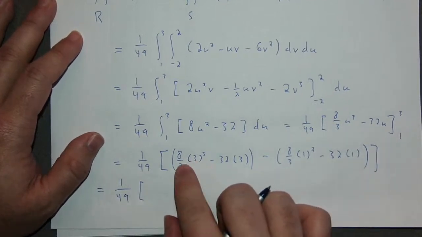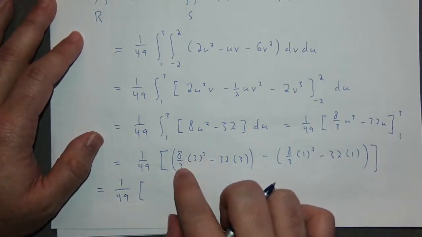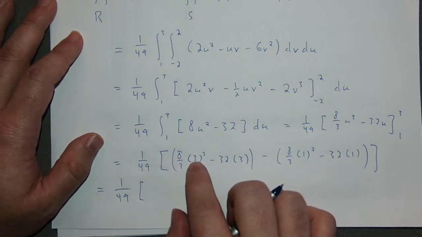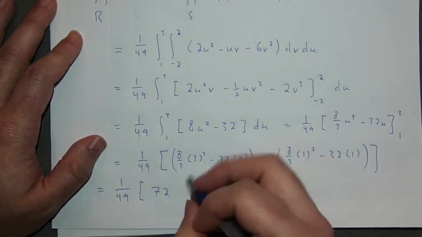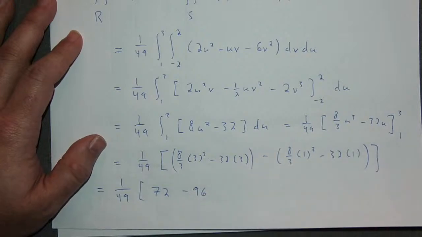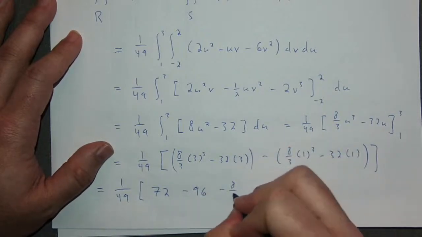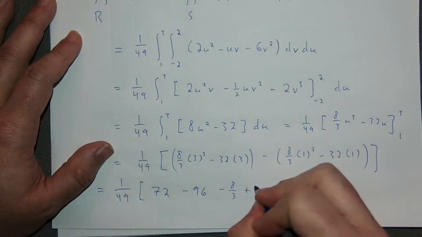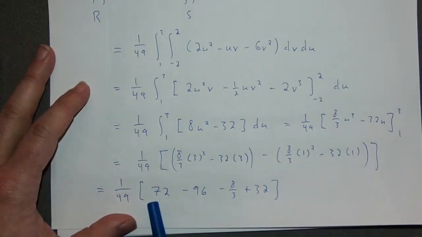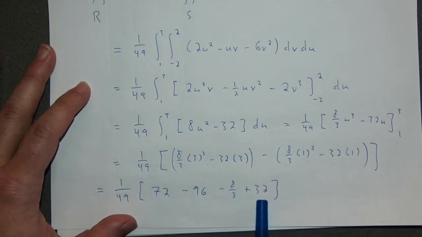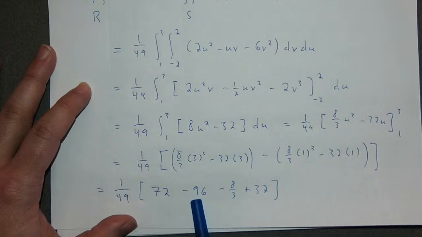So 3 cubed divided by 3 is 3 squared, so this is 8 times 3 squared. 8 times 9, that's 72. Minus 3 times 32, that's minus 96. Minus 8/3 plus 32. So 72 plus 32 is 104, minus 96 is 8.